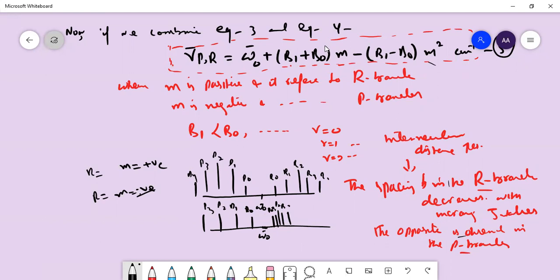So that's all about the breakdown of Born-Oppenheimer approximation and its effect on the spectrum of a molecule. That's all for today. Thank you.